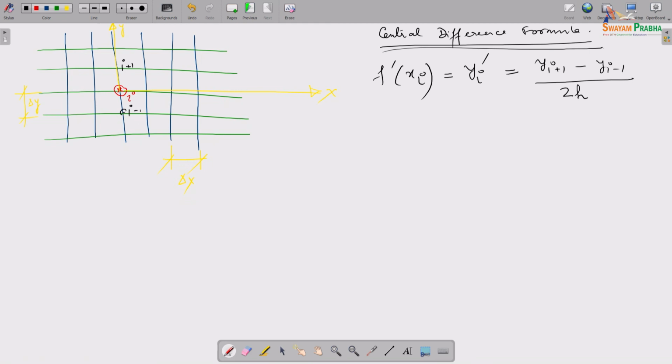So when I say this, I mean this location, and it is equal to y i plus 1 minus 2 y i plus y i minus 1, divided by h square.